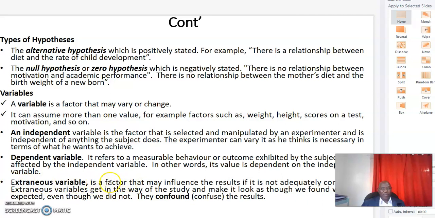An extraneous variable is a factor that may influence the results if it is not adequately controlled. Extraneous variables get in the way of the study and make it look as though we found what we expected even though we did not. Therefore, they confound or confuse the results.